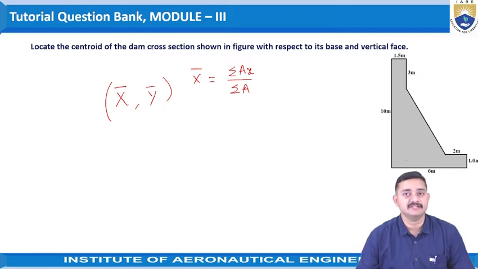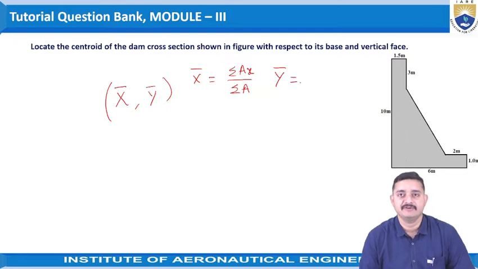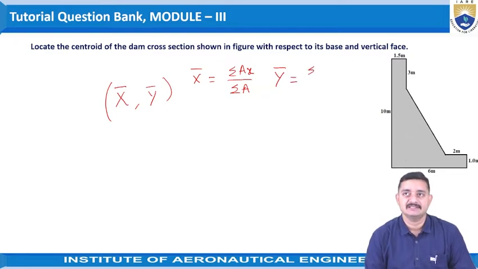The surface which is given in the problem, we will be concentrating that area, total area of that surface, and x is the distance of this point, that is the centroid, from the reference y-axis. So x would be the distance from the y-axis and y would be the distance from the x-axis. So as discussed, similarly the coordinate of y for the centroid is given as sigma ay by sigma a.